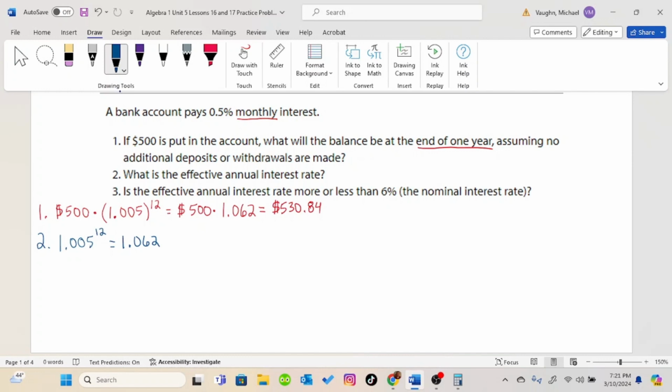As an interest rate, we want to translate this into the percentage interest. So we would move the decimal point 2 spots to the right, and we're going to say this is approximately 6.2% annual interest rate.